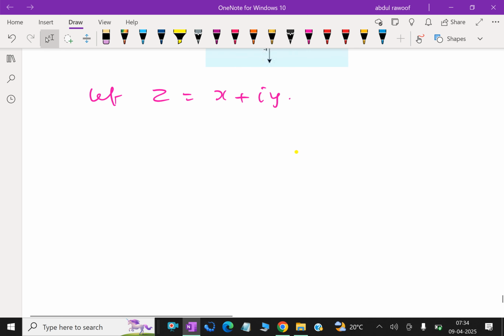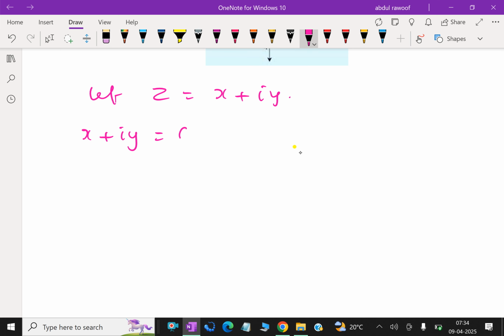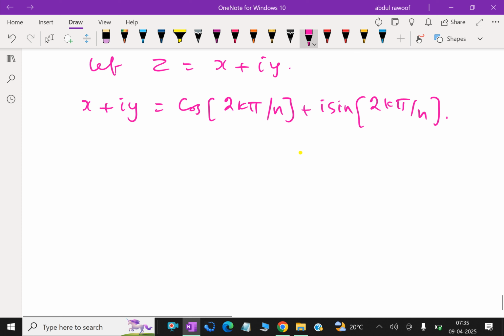We can express this in trigonometric form as cos(2kπ/n) + i sin(2kπ/n), where n is an integer and k is also an integer, 0, 1, 2, 3, 4, 5 and so on. This is the general expression.